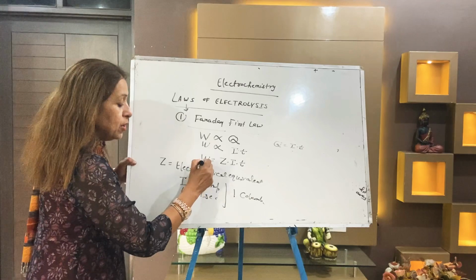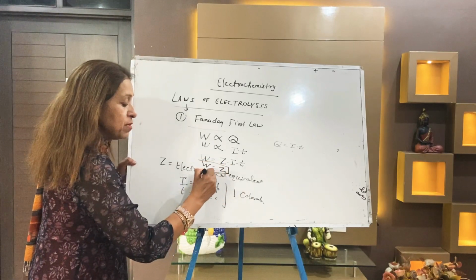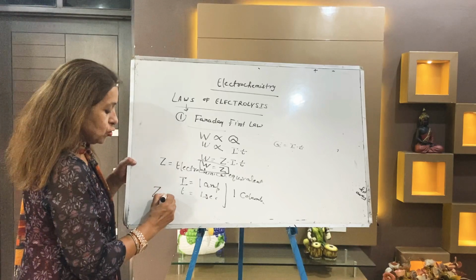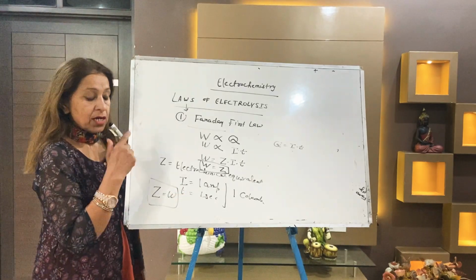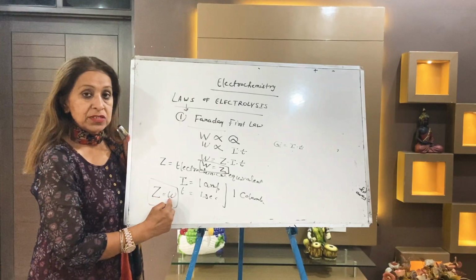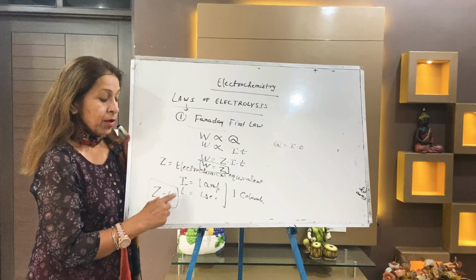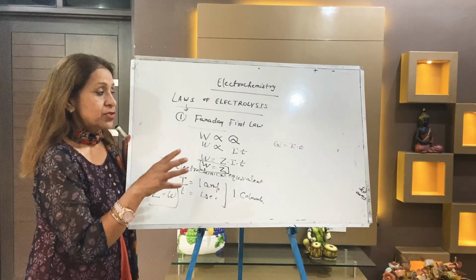Then W is equal to Z only. That means Z is equal to W. So what is electrochemical equivalent? Electrochemical equivalent is the weight of the substance liberated when 1 coulomb of charge is passed into the solution.